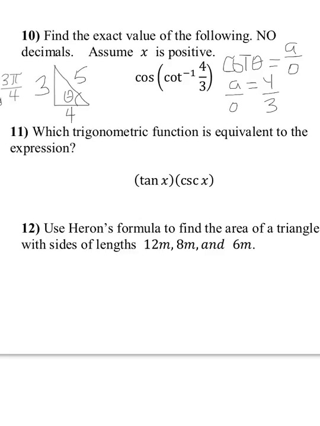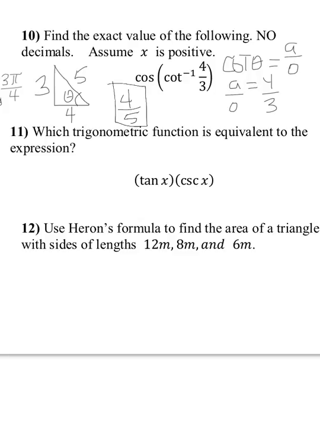All right, so then what we need is the cosine of this triangle that we've created. So the cosine is going to be side adjacent over hypotenuse. So here's my side adjacent, here's my hypotenuse. So the cosine is going to be 4 over 5. And that's the answer to that one.